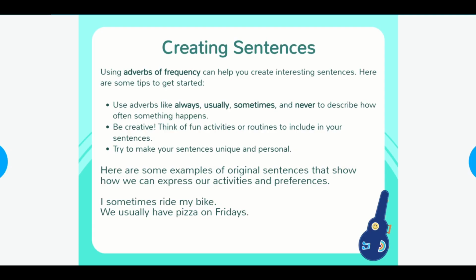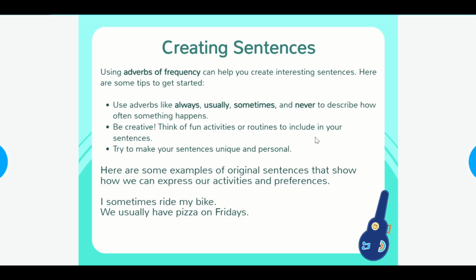So we're going to work on creating our own sentences now. So you're going to use verbs, adverbs, like always, usually, sometimes, and never to describe how often something happens. Be creative. Go ahead and share 3 sentences using any adverbs you choose. Always, usually, sometimes, or never, and write them in the comment section.